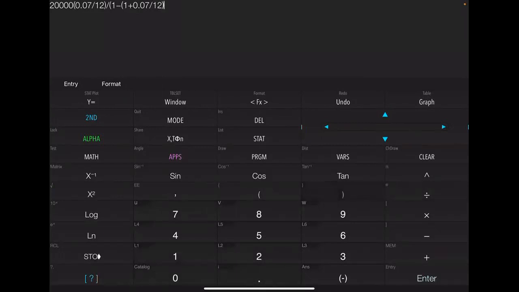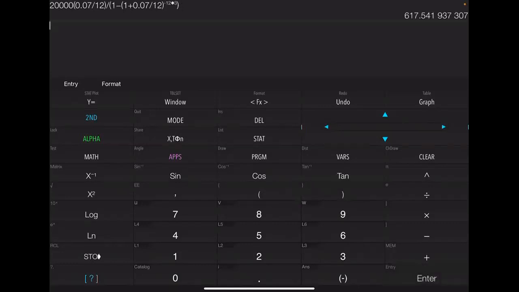And then close the parentheses to the power of negative. Remember, the negative sign is here. Negative, don't click the minus sign. Okay, 12 times 3. And then click the right arrow, and then close the parentheses. Hit enter if everything is perfect.